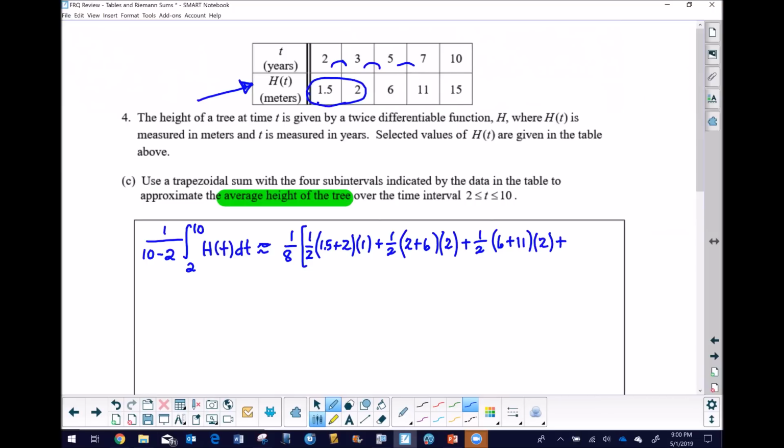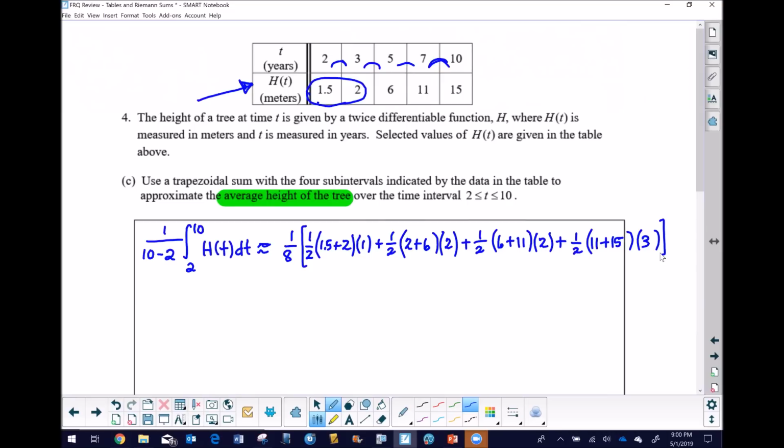And then one more area of a trapezoid expression, 1/2 of 11 plus 15 multiplied by 3. That's a pretty messy expression, but it will earn you a point. In fact, it will earn you both points. It does not have to be simplified.